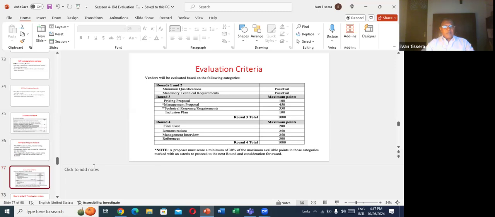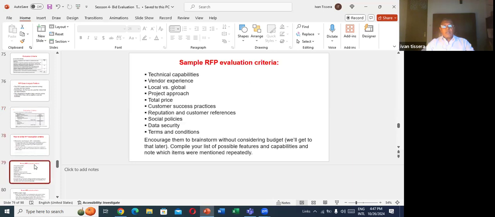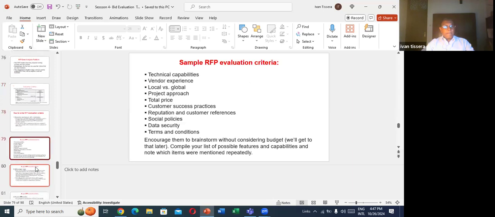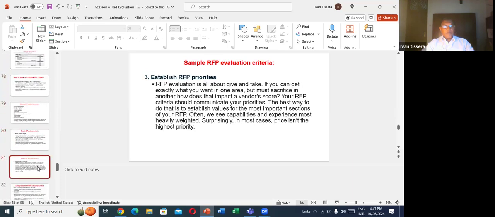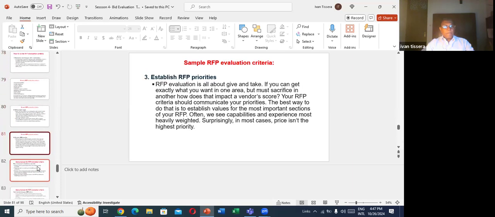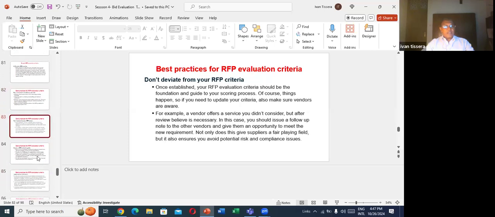systems international use, right? How they allocate marks for cards. I don't want to read out everything, so you can just read for your understanding.